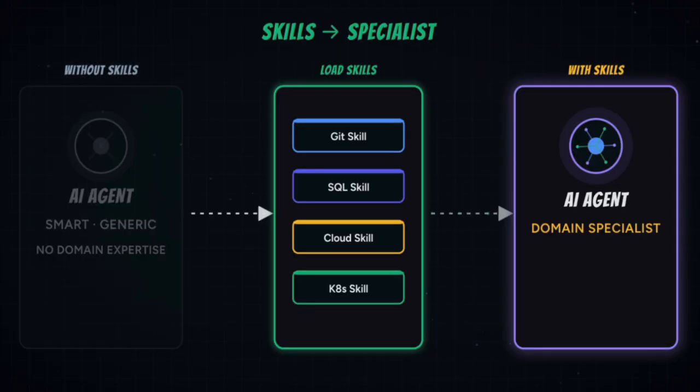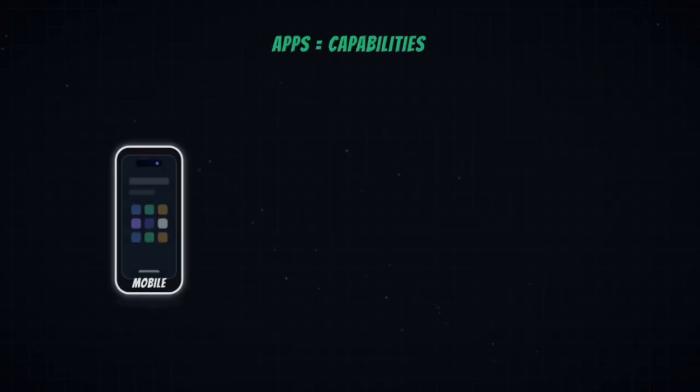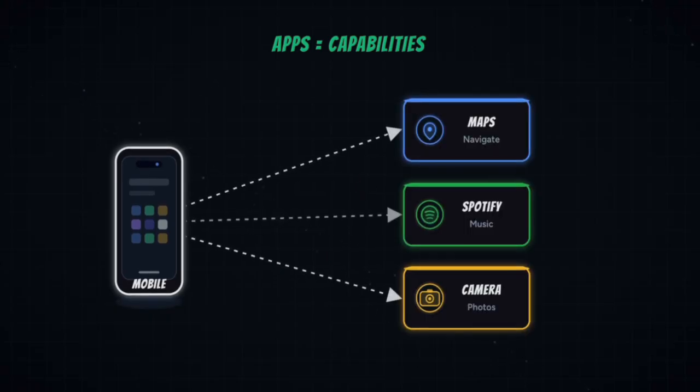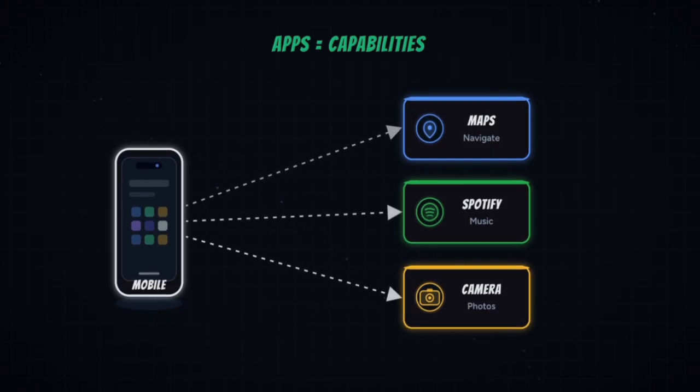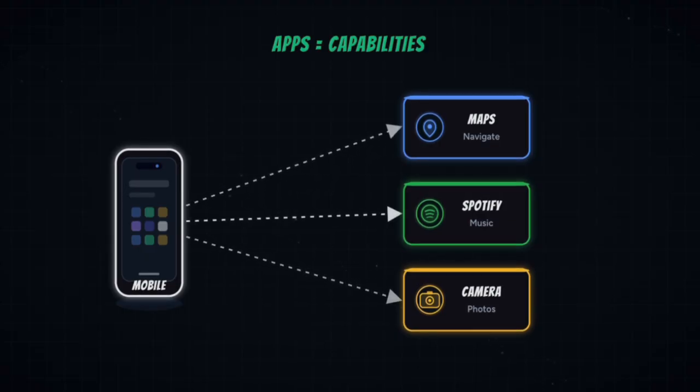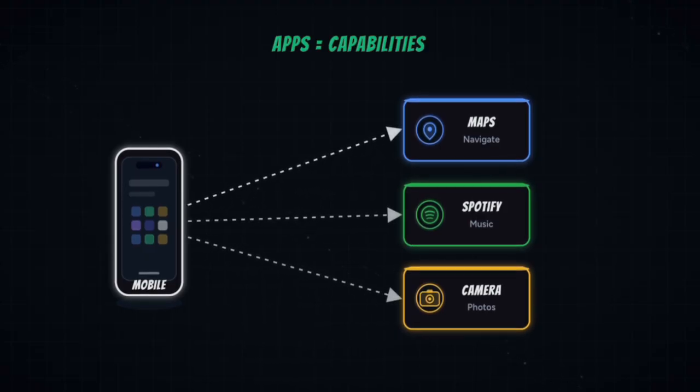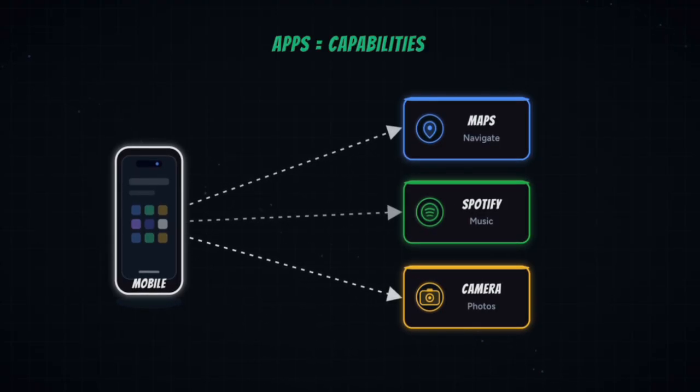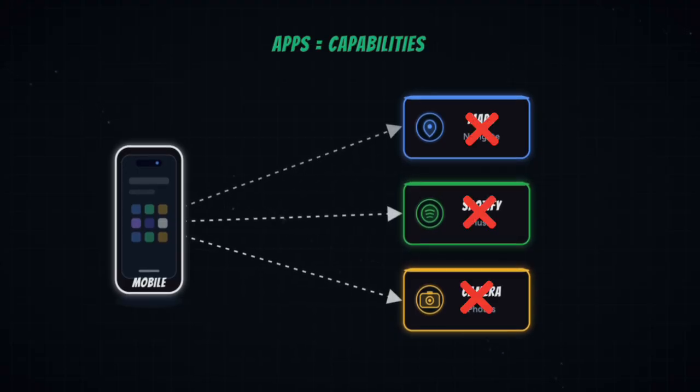Now let's understand the same thing with a real-life analogy. You guys have used a phone, right? A phone has apps such as Maps, Spotify, Camera. You use Maps to navigate, Spotify to hear music, and Camera to take photos, right? But think about a scenario: let's say we don't have these apps on our phone.